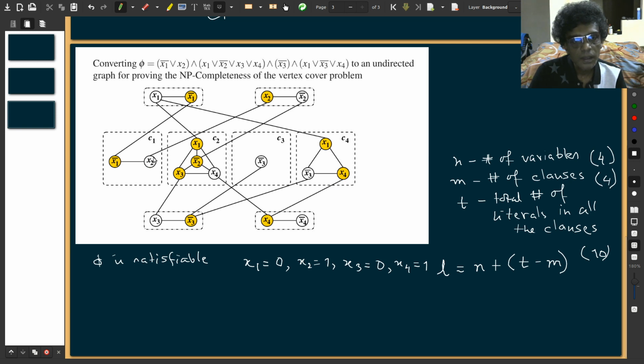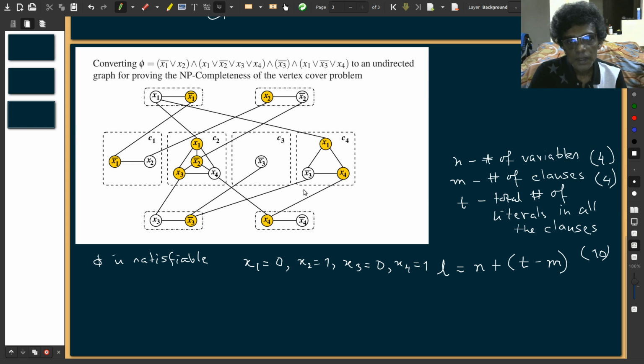Okay. This edge is not covered, but this is not possible because I have chosen this as a true literal. Therefore, I must have chosen this vertex in my vertex cover. So, although I did not include this, this edge is covered by this vertex. Likewise, let us look at any other thing. Maybe x3 complement. Here, I have not chosen it. But since this is a true literal, I must have chosen this.